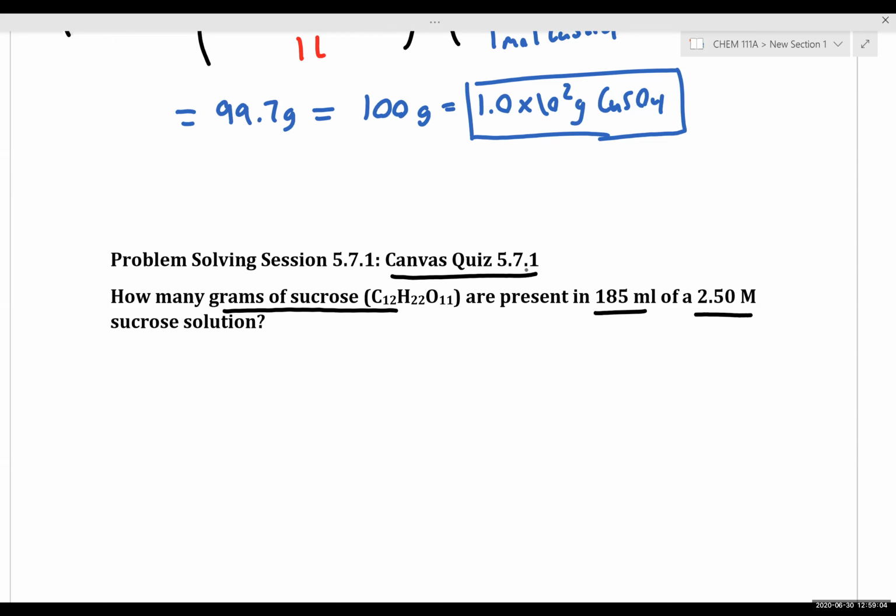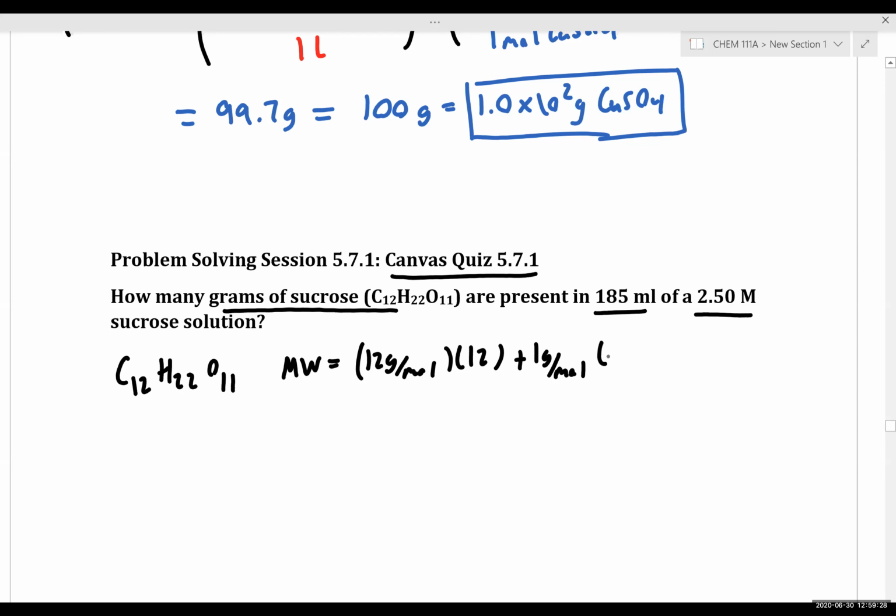Okay, so let's discuss this example. So first and foremost, sucrose of the formula C12H22O11. Okay, let's calculate the molar mass of sucrose. We have 12 gram per mole times 12 carbon atoms plus 1 gram per mole times 22 hydrogen atoms plus 16 gram per mole times 11 oxygen atoms.